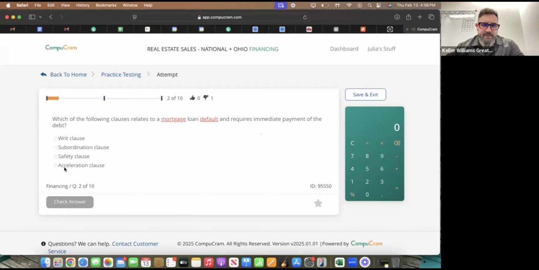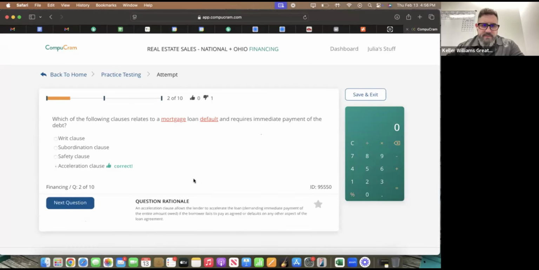Eric says D. I'm going to agree with Eric. And that is correct. Acceleration clause allows the lender to accelerate the loan, to accelerate the loan payment to all be paid on the very next month.